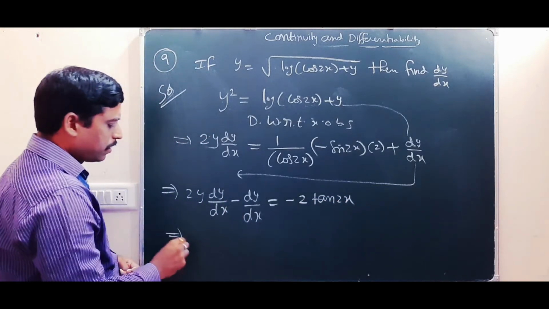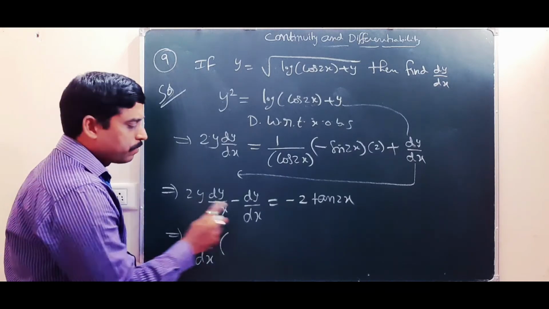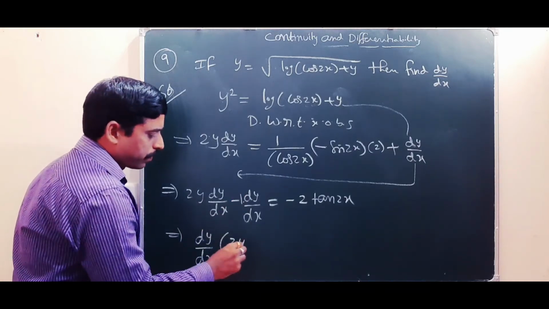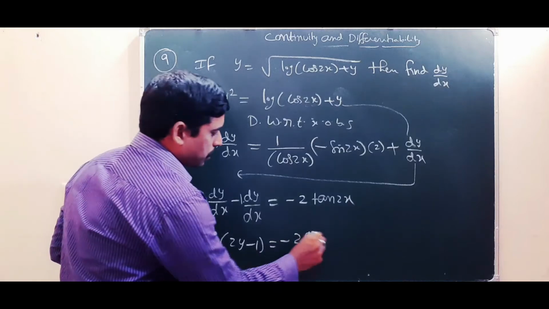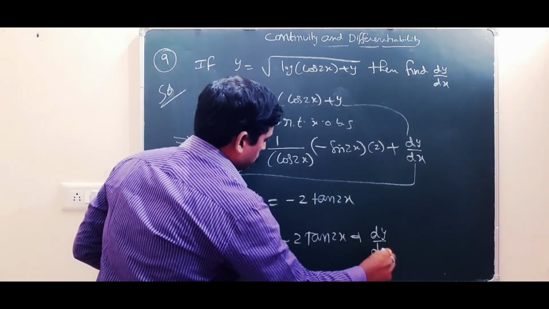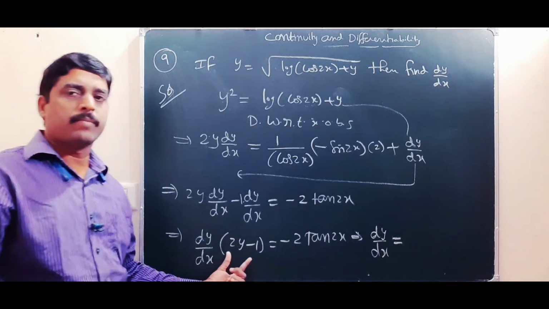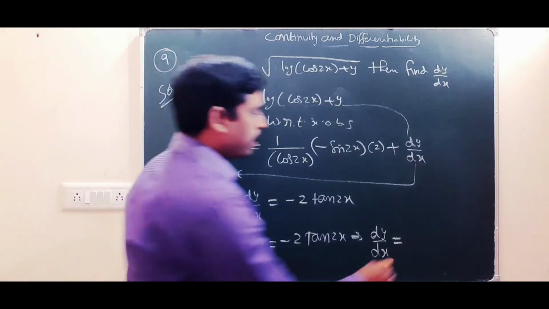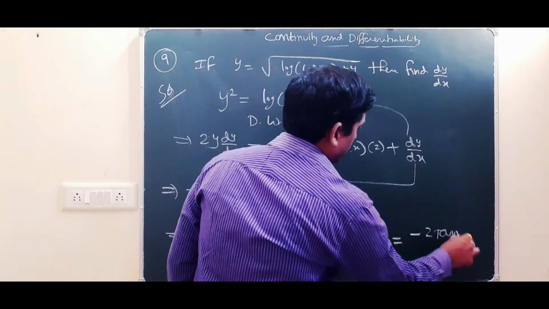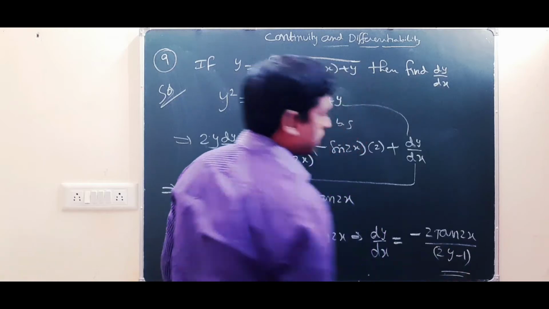Taking dy by dx common on the left side, this will be 2y minus 1 equal to minus 2 tan 2x. Therefore dy by dx, bringing 2y minus 1 to the right side to divide, is minus 2 tan 2x upon 2y minus 1. Okay, this is the answer.